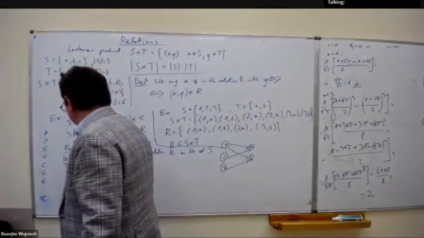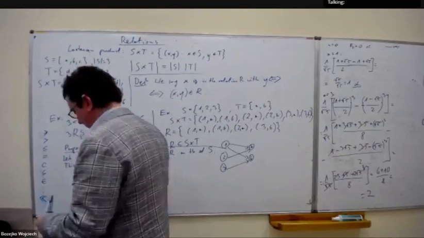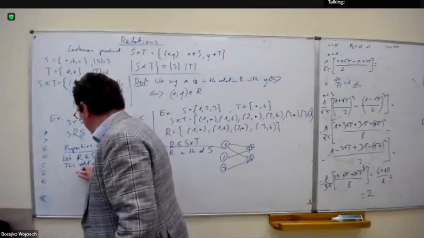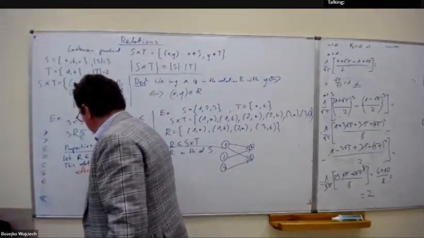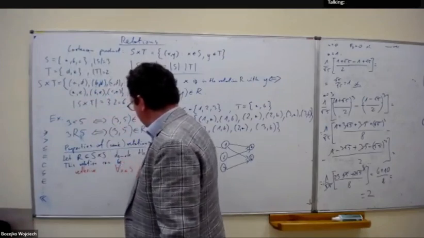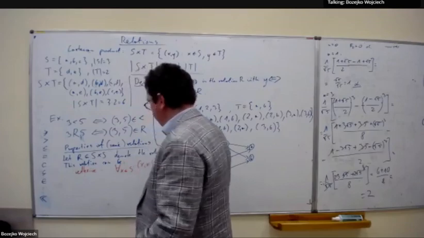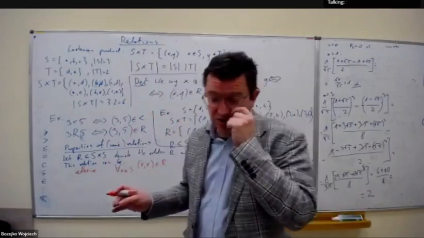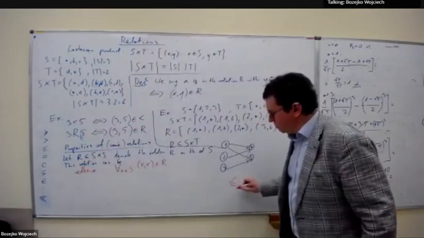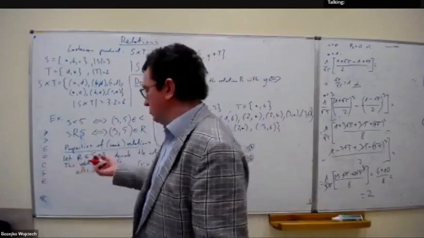This relation can be reflexive. What does it mean? Reflexive means that for all elements of S, the pair XX belongs to the relation. So the element is in the relation with itself. For instance, such a relation is being smaller or equal. This is reflexive because 5 is in the relation with 5.